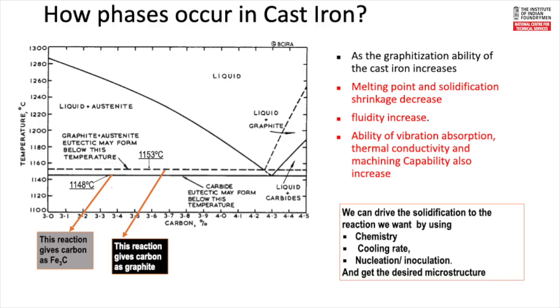Third and very important part is the level of nucleation present in the bath. If you are able to control these things, then we'll be able to drive the solidification reaction to achieve the desired microstructure and in turn get the desired mechanical properties.